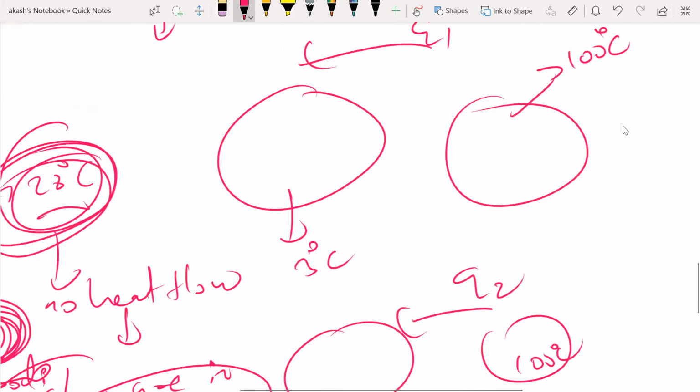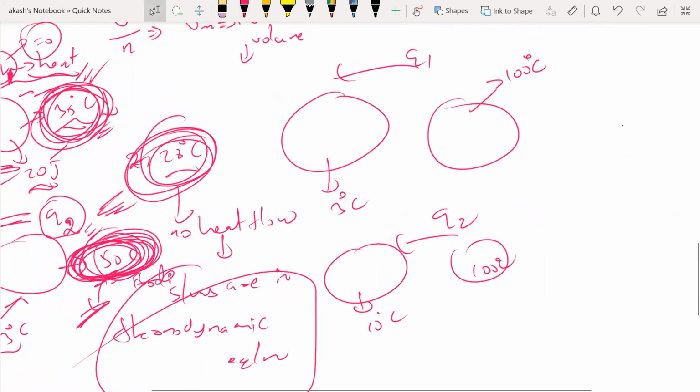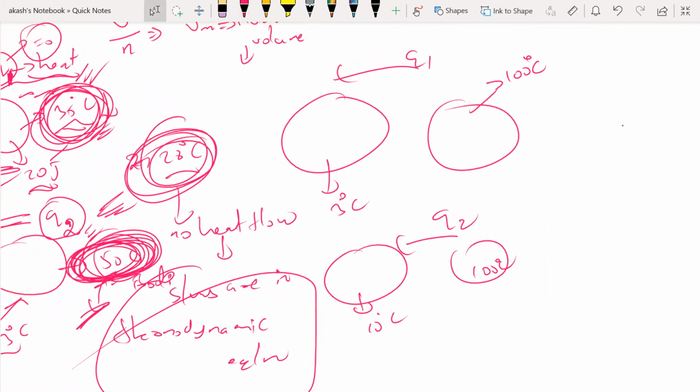Which will be greater among these two? Q1 or Q2? Sir, Q1. Yeah, that makes sense.